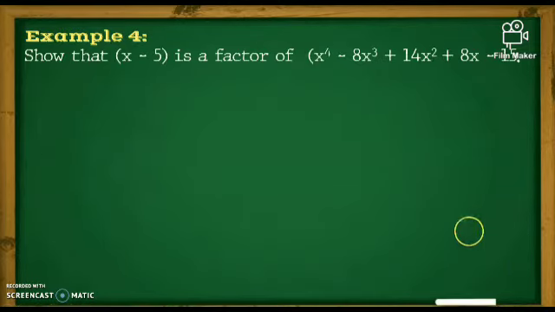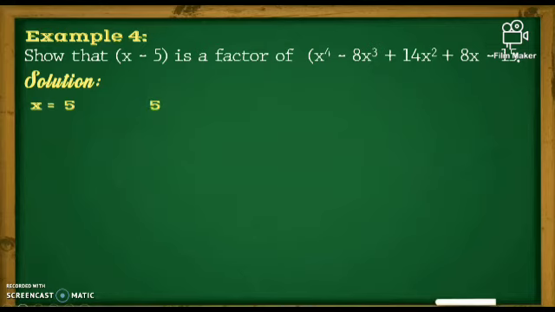Example 4. Show that x minus 5 is a factor of x raised to 4 minus 8x cubed plus 14x squared plus 8x minus 15. So here, the value of x is equal to 5.